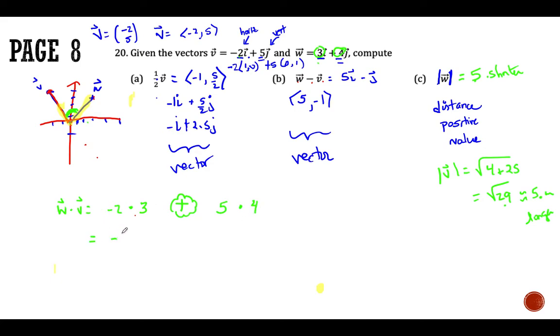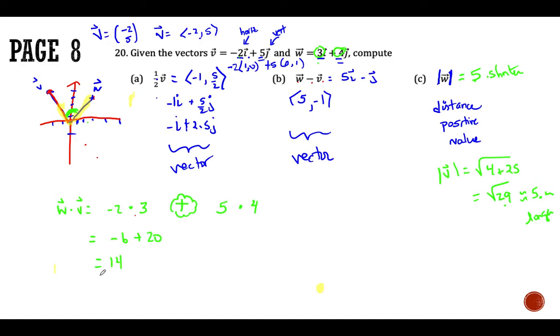So that's -6 and 20, which is 14. Okay. So 14 is a value I don't have to worry about. It's not 0, so my vectors are not perpendicular. It's not like 99, right? So these vectors aren't that close to being parallel.